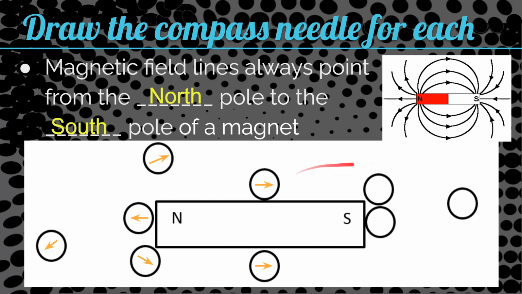And then they're going to curve back in over here to point toward that south pole. So they may look something like this. Again, I could ask for you to draw a compass at any position around a magnet, and you should be able to determine which way it would point by simply imagining or even sketching out those magnetic field lines. And again, the field lines look something like this up here.